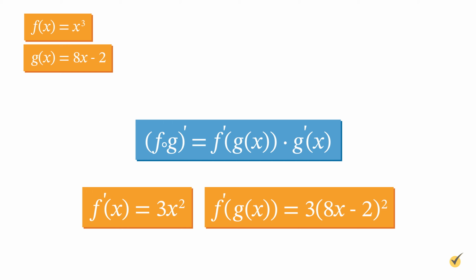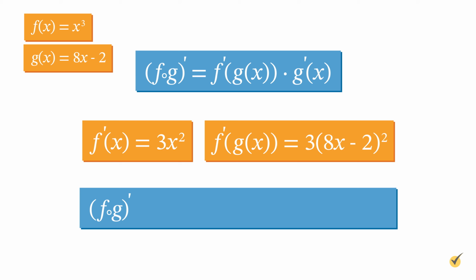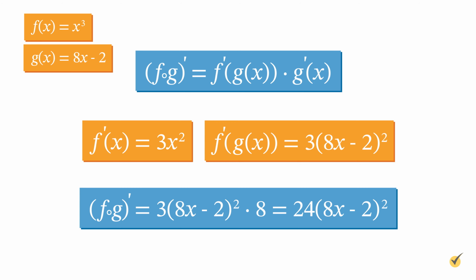Then multiply this by the derivative of the inner function, 8x minus 2, which would be 8. As a result, the derivative of the function f composed with g is equal to 3 times the quantity 8x minus 2 squared times 8. This can simplify to 24 times the quantity 8x minus 2 squared.